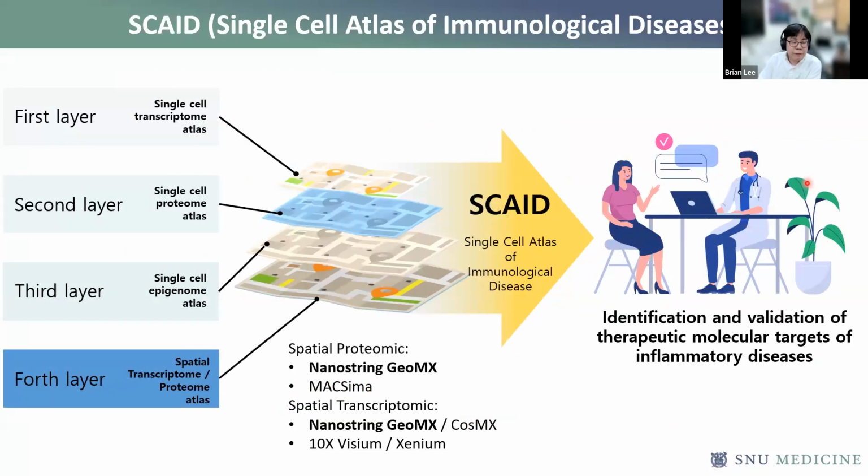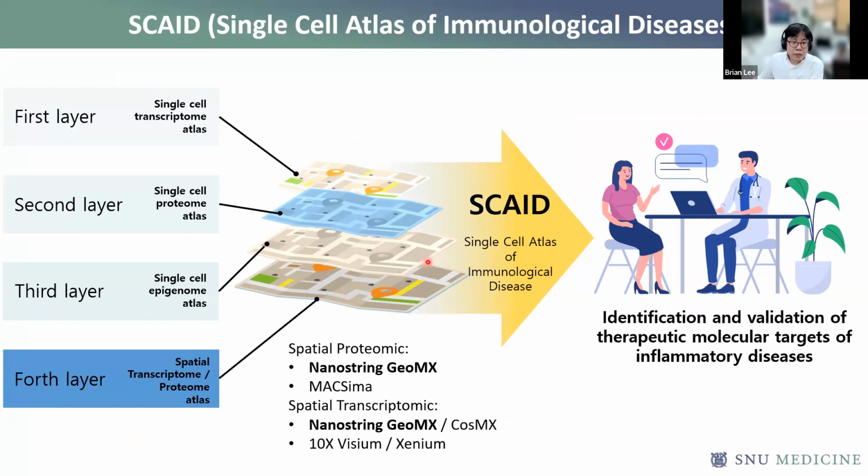And so a brief layout of this project, as some of you may have heard already: the first layer is to generate a single cell transcriptome atlas, where we collect single cell samples across all of these different diseases that I just mentioned, and we profile these diseases.